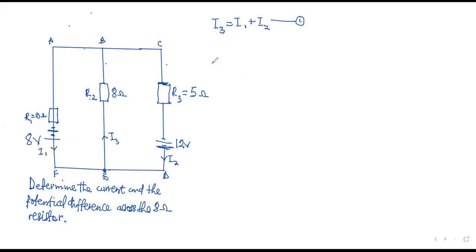So in this, considering loop A, F, E, B, A, meaning I want to go anti-clockwise.